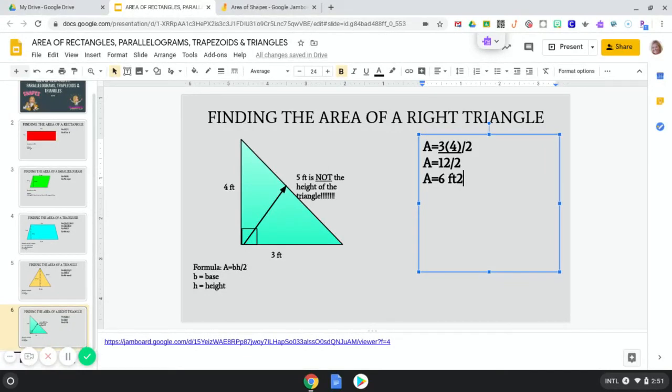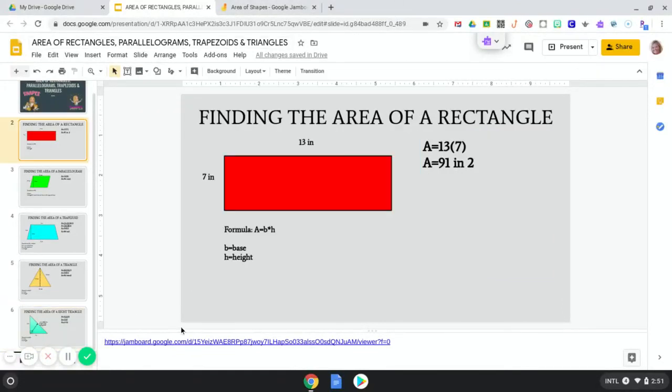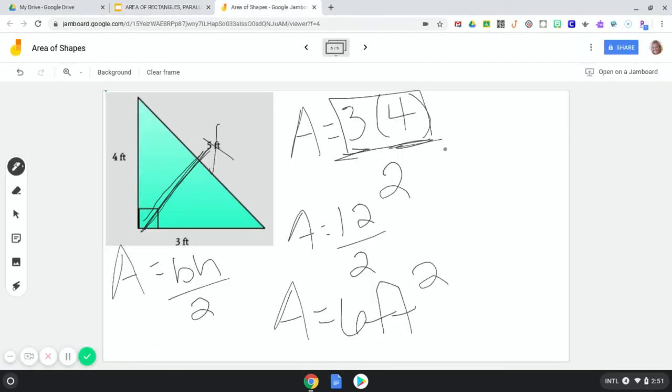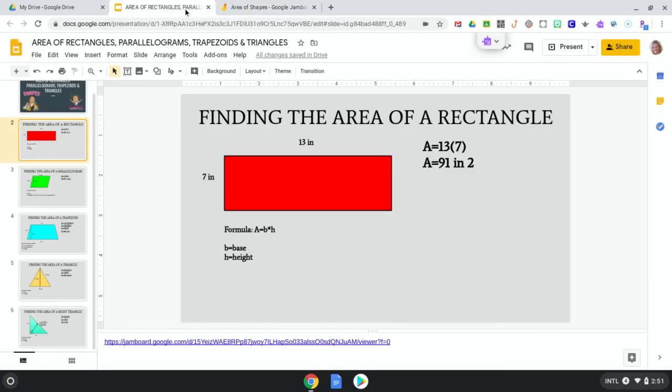So you can have this open while you're watching the video and go back and forth between the video, the questions, and your notes. And then you notice at the bottom of all of these slides, you have access to the Jamboard where I did all this work. So you can go back and look and see what I did to get that answer. And that will help you too.